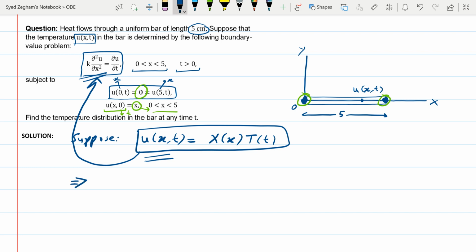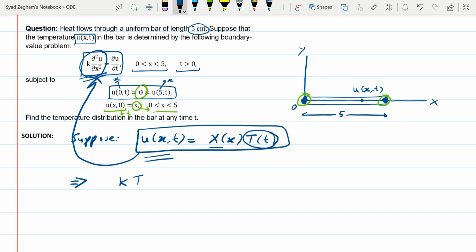This implies K. Now see, what is the left side of the equation? The left side of the equation is the second derivative of u partially with respect to x, right? So it means that this T, which is a function of t, will not get affected. It will remain as it is.